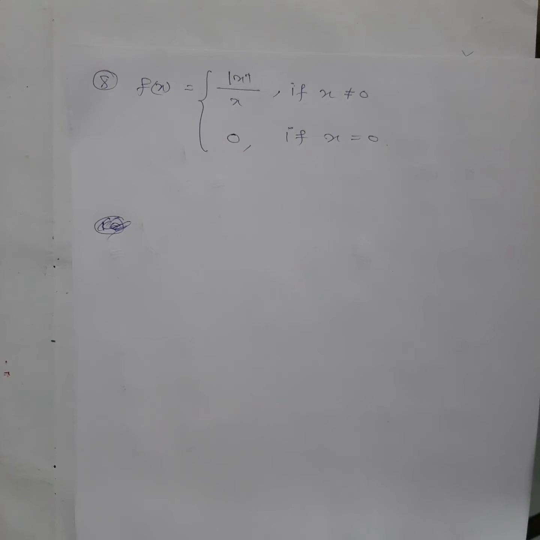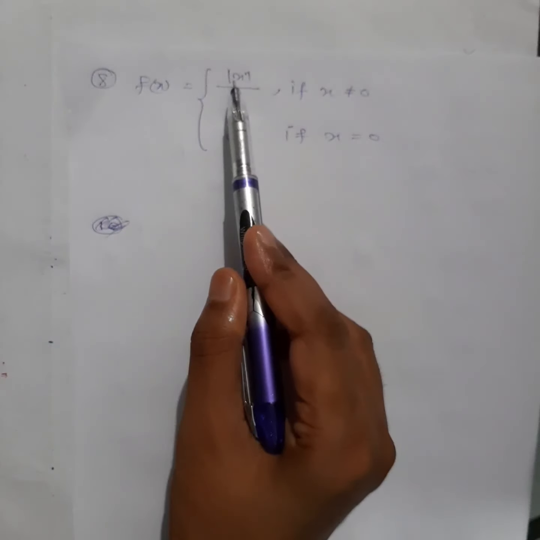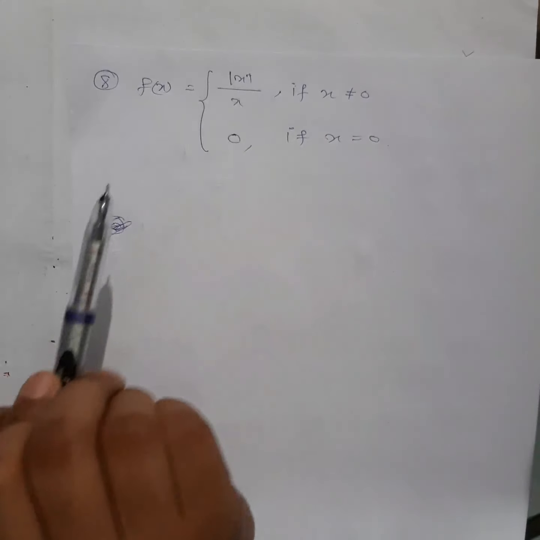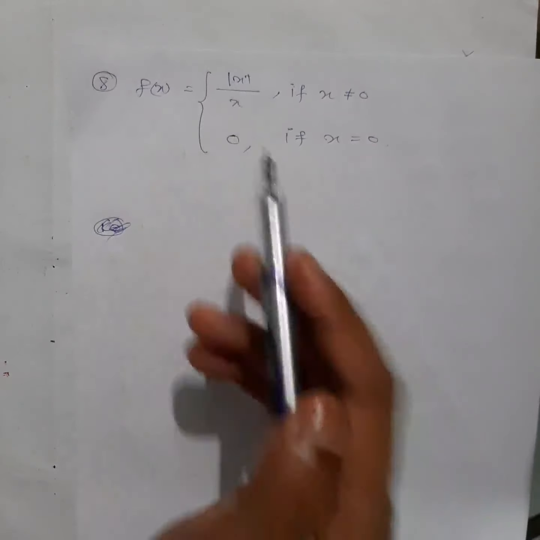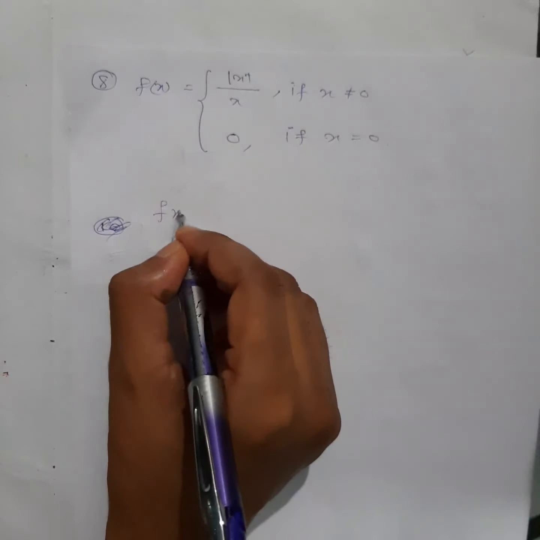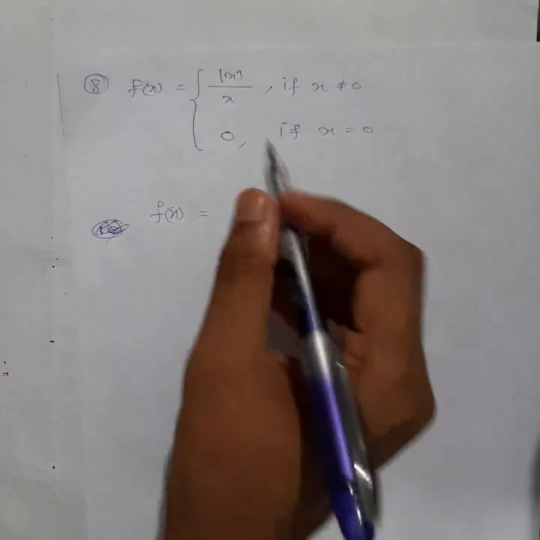Okay, same with question number 8 also. Okay, but in this case you can see modulus function is there. Whenever modulus function is there, we used to redefine the function, right? Okay, so let's make it into normal function. So how I can write this one? Let's redefine f(x) equal to, now this will be what?